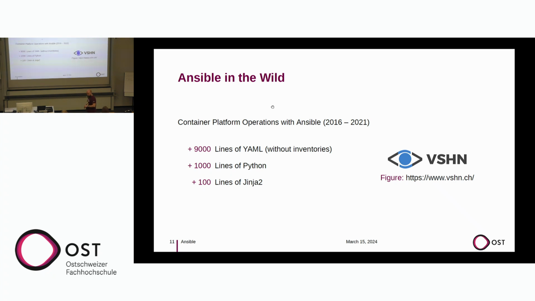They are using operators with Kubernetes, but they developed in-house more than 9,000 lines of YAML. So we could call them YAML engineers. There are some Python lines, not so many, some Jinja lines, and this is besides the collections and roles that already exist.